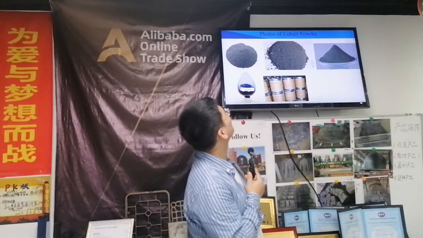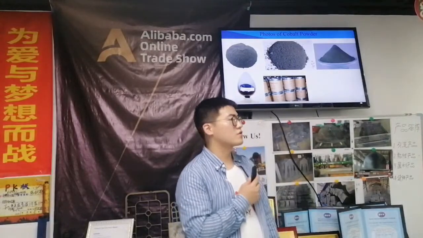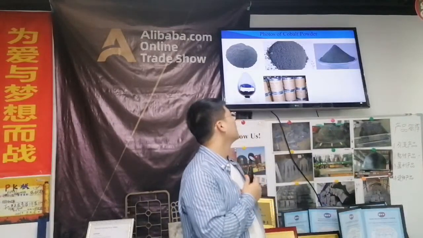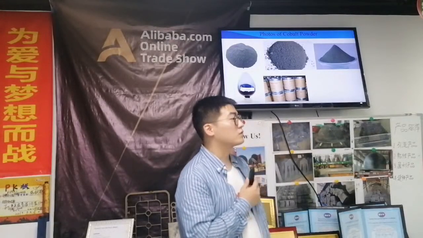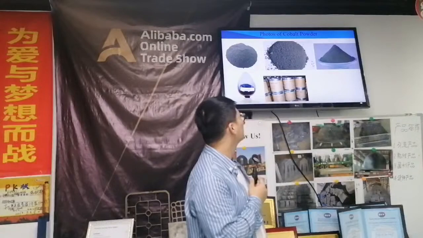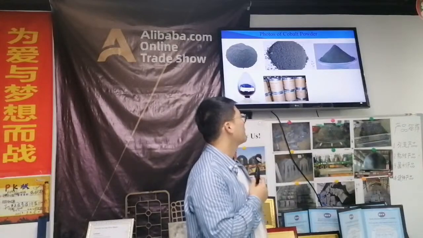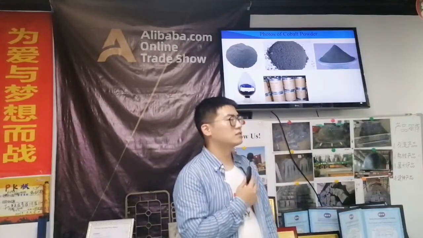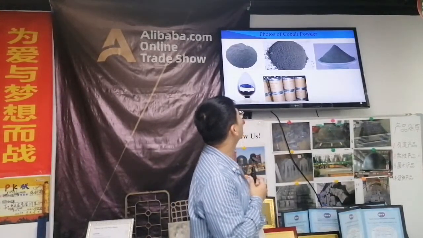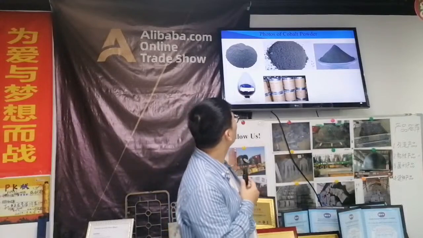And the cobalt powder is usually packaged in drums. As you see in the pictures, they are metal drums, on which we attach some information on paper.